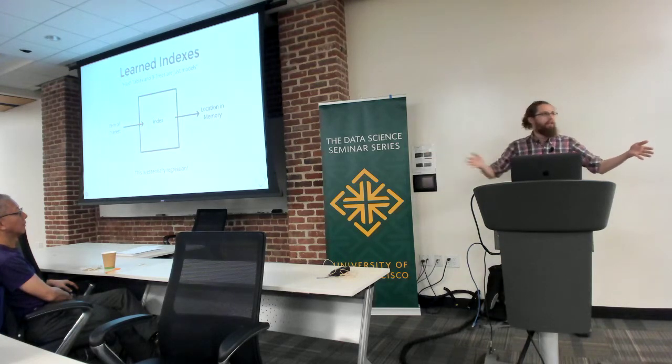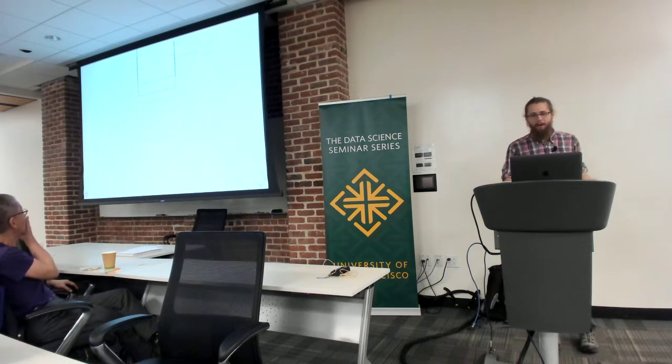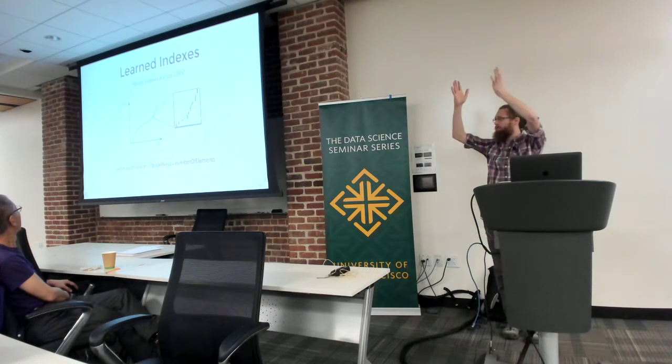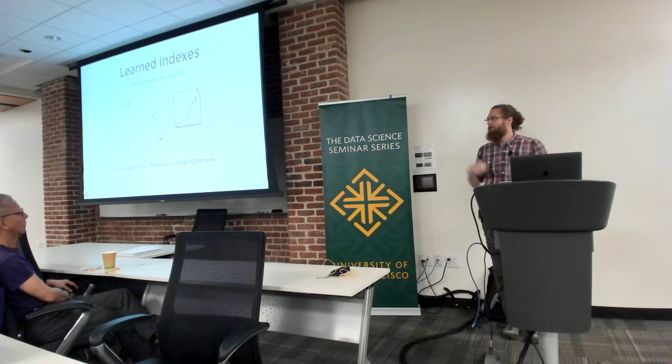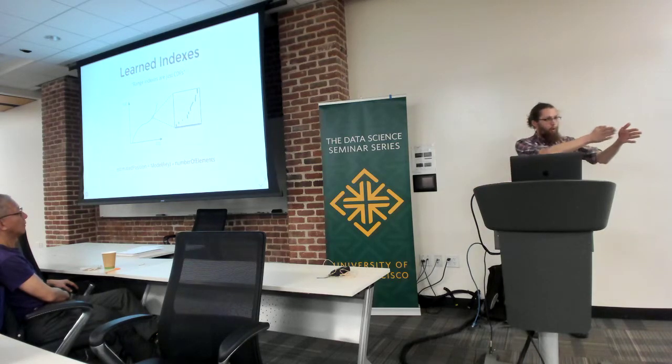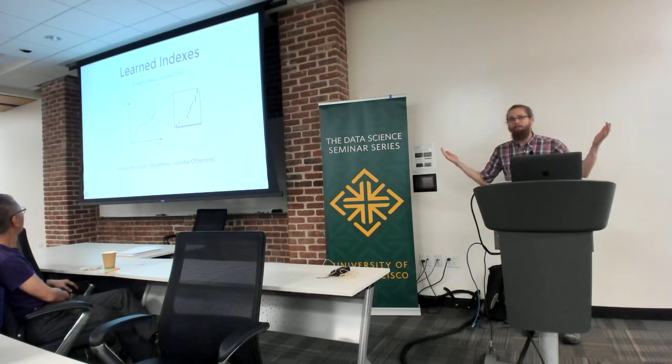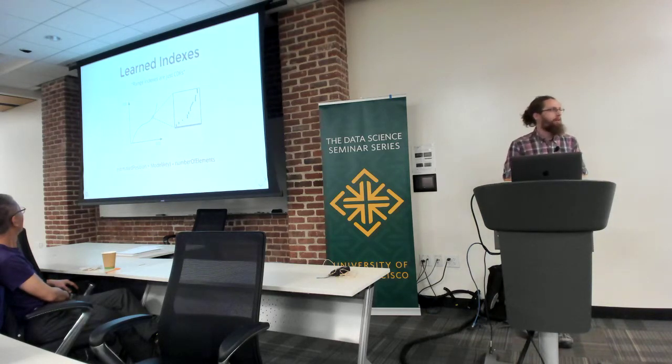I mean, it's an integer space, but if we think about an index, especially a range index, as a cumulative distribution function, we're just, boom, estimating the position by saying, hey, take the key that you would have inserted into the hash table or the B tree, give that to your model, train your model on the order of your data, and then multiply whatever the model produces, the value between 0 and 1, by the number of elements you've got in your total data store. Boom, you've got the memory location. Okay, so this is the fundamental insight of applying machine learning to indexing.